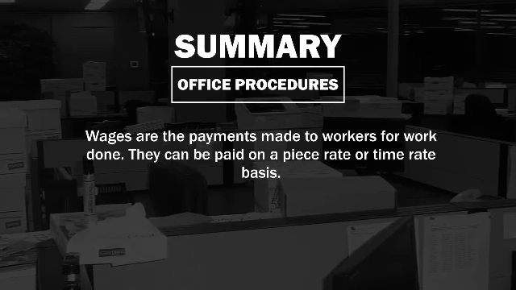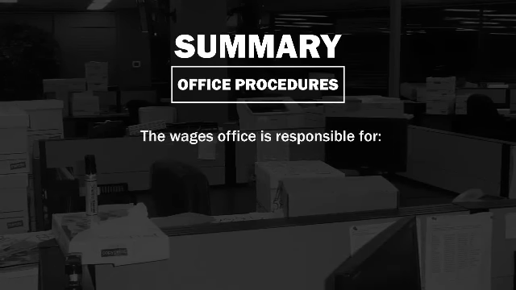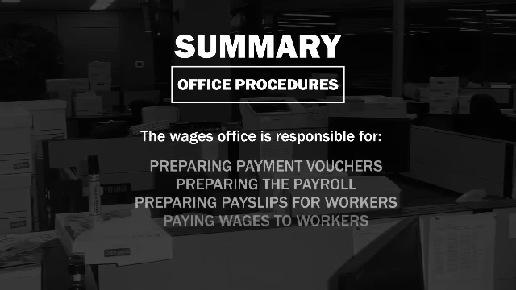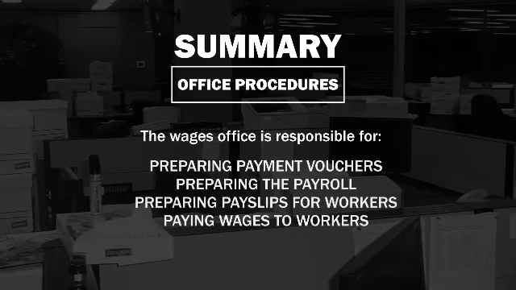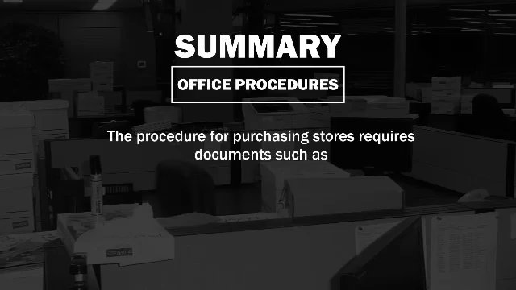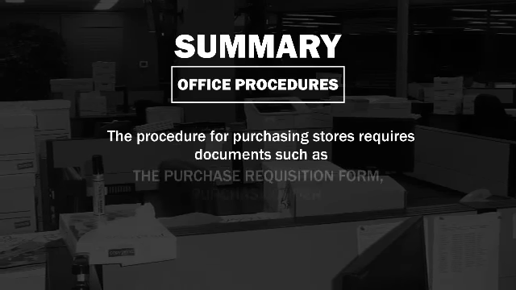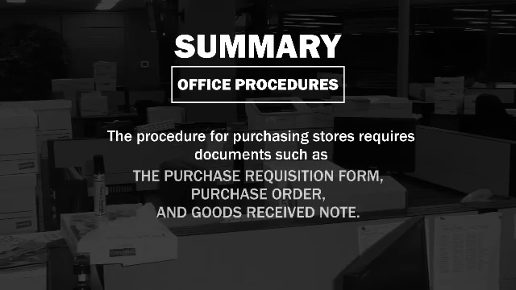They can be paid on a piece rate or time rate basis. The wages office is responsible for preparing payment vouchers, preparing the payroll, preparing pay slips for workers, and paying wages to workers. The procedure for purchasing stores requires documents such as the purchase requisition form, purchase order, and goods received note.